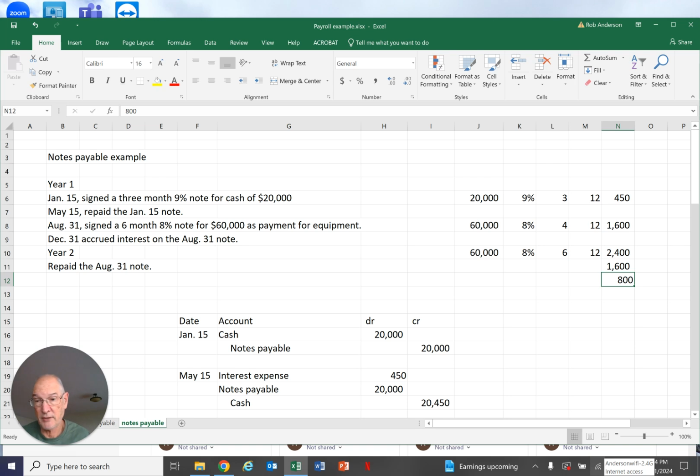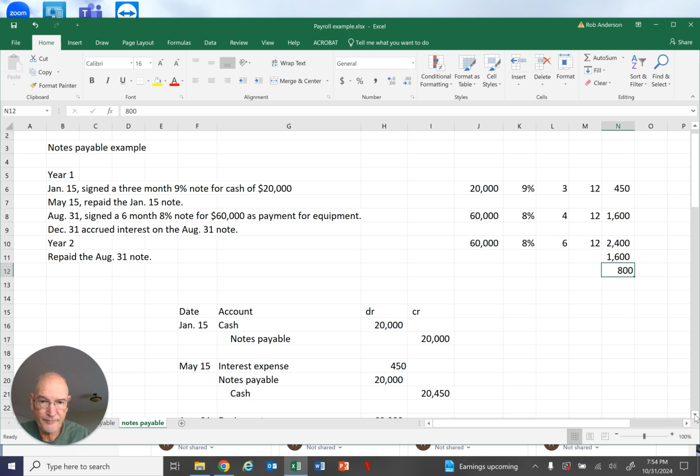So you think, oh, it doesn't matter how I do this. If you do it the way I've just illustrated, when the note is an odd amount of money or we're counting days, then you're going to get it right, and you won't worry about rounding off the same way 2 times. So it works better on a note where you have to count the days. So we have new interest of 800.